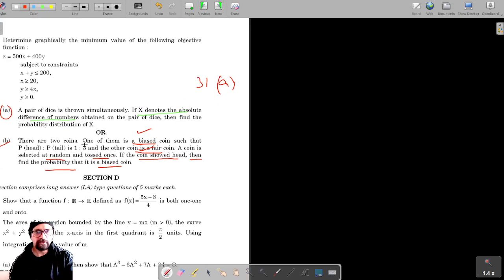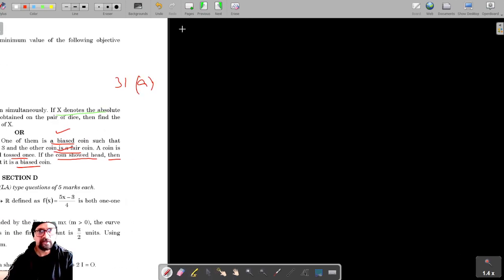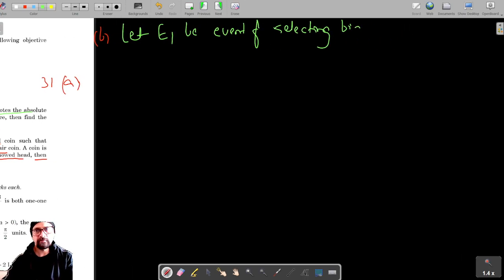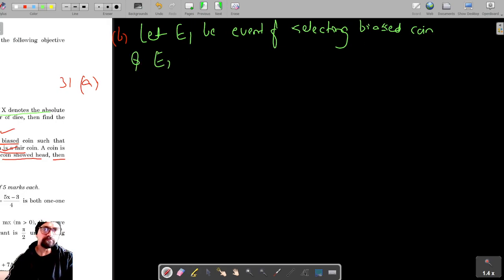So this question is based on Bayes theorem, and let's say this is part B. Let E1 be the event of selecting the biased coin and E2 be the event of selecting the unbiased coin.